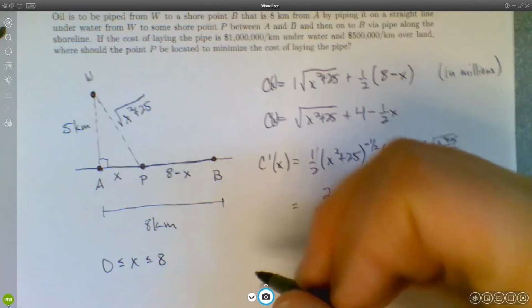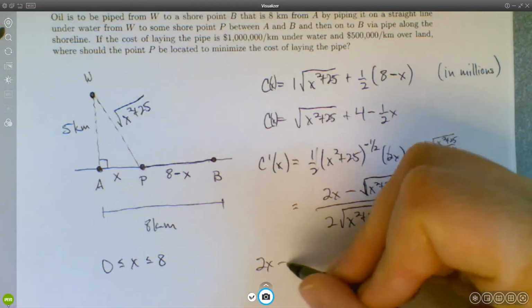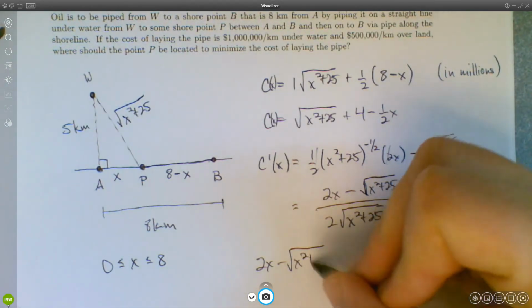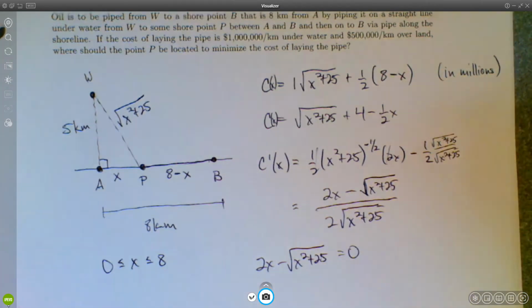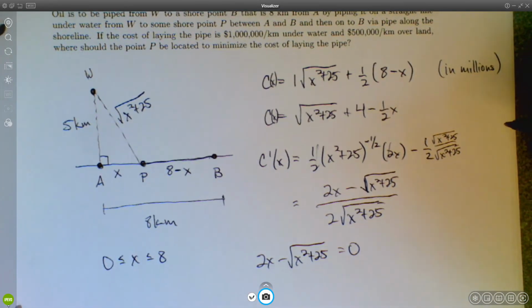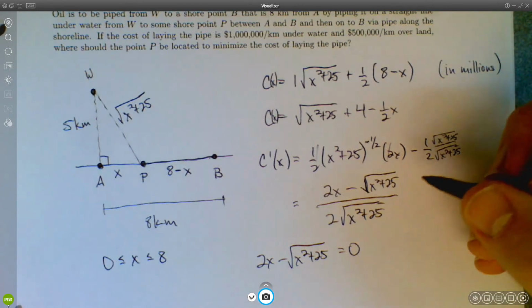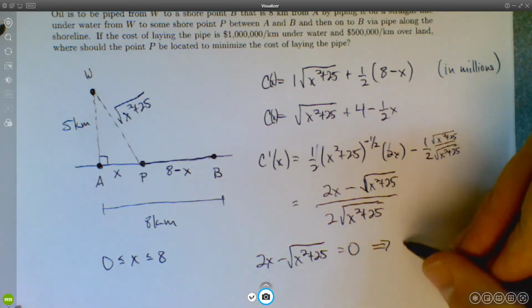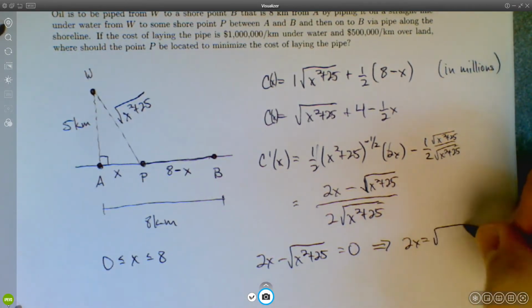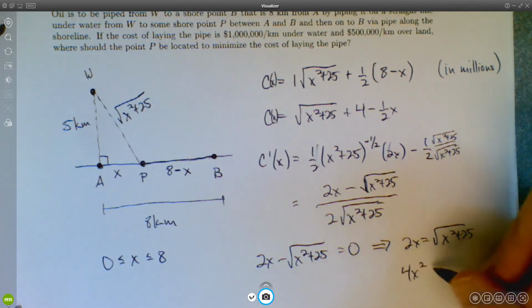Okay, so I'm going to set 2x minus square root of x squared plus 25 equal to 0, and then solve. So I'm going to get 2x equals square root x squared plus 25. I'll square both sides.